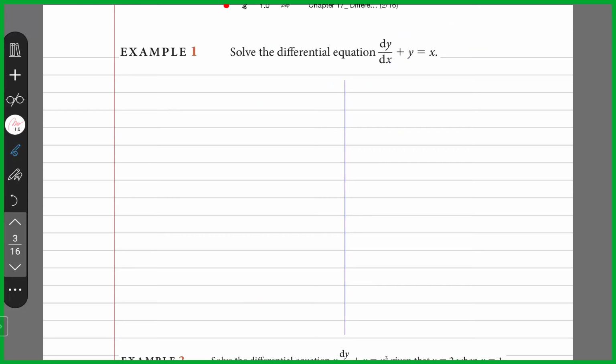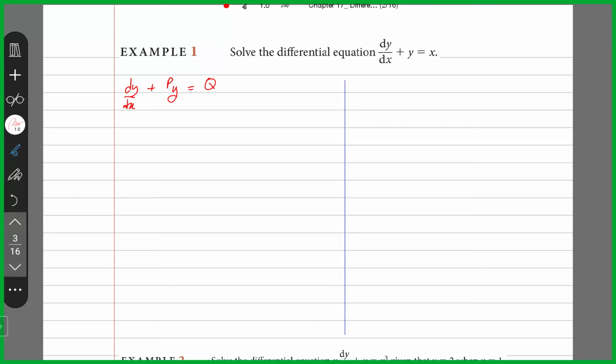Example 1 is asking us to solve the differential equation dy by dx plus y is equal to x. First of all, this is of the form dy by dx plus py is equal to q, where q and p are functions of x alone, or they are constant.